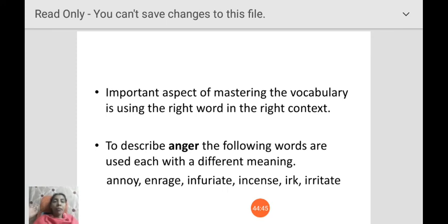Then enrage. It's making someone very angry. So if you are making someone very angry and you use the word annoy, it doesn't suit the situation. Annoy is a little angry, but here it is making someone very angry.